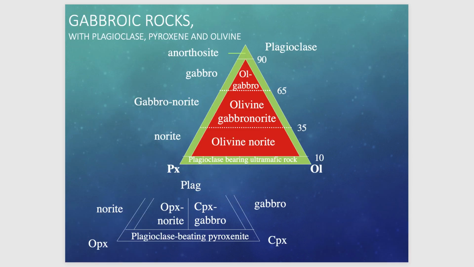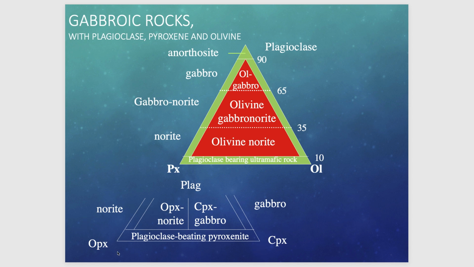Other classifications, to increase the complexity, use pretty much the same principles of the Bowen sequence. So we have less fractionated diorites with orthopyroxene and more fractionated gabbros and anorthosites that contain clinopyroxene, basically. So rocks that are fractionated will have a particular type of pyroxene, and you can see it in here.